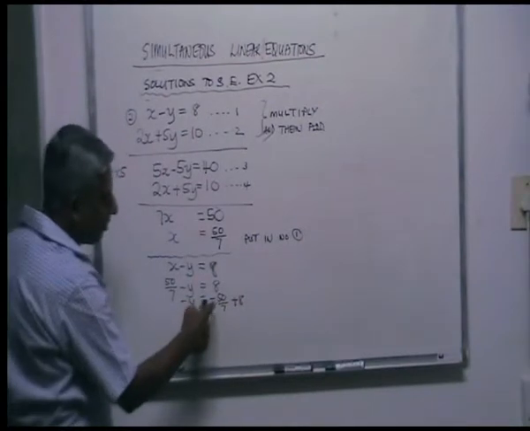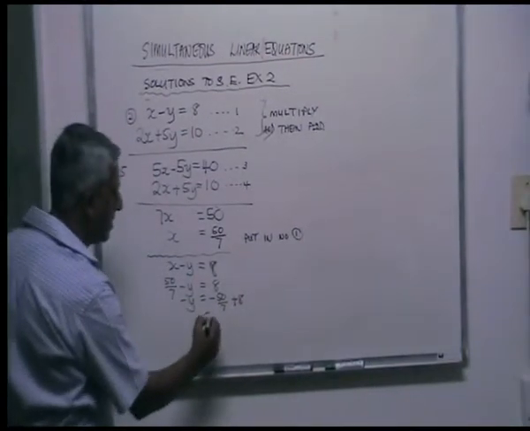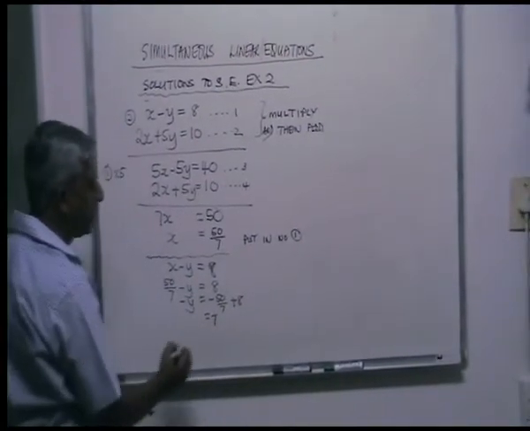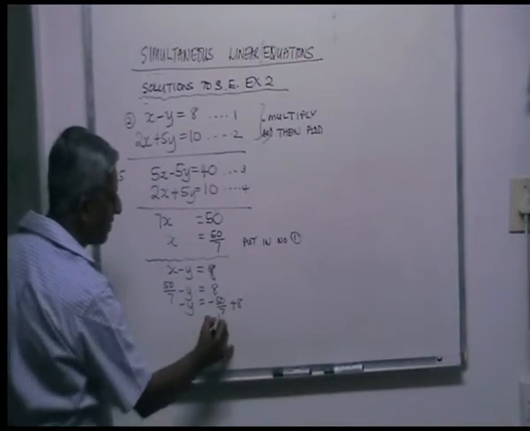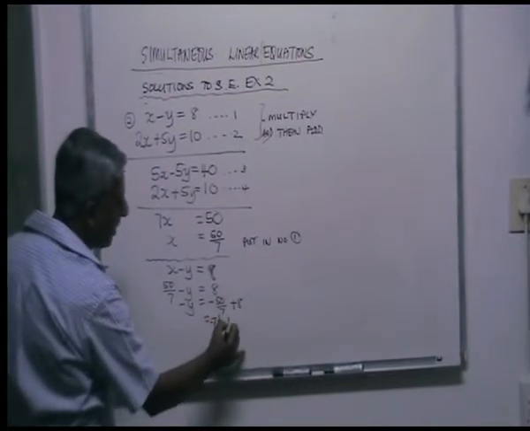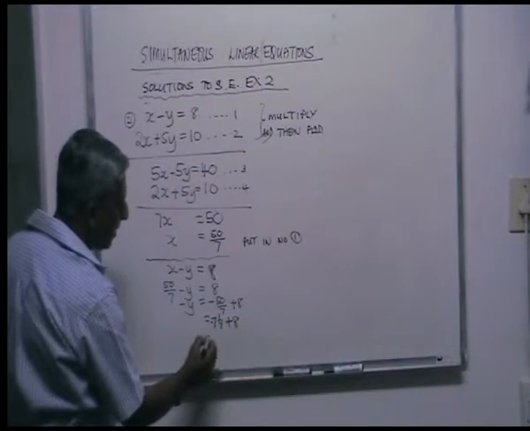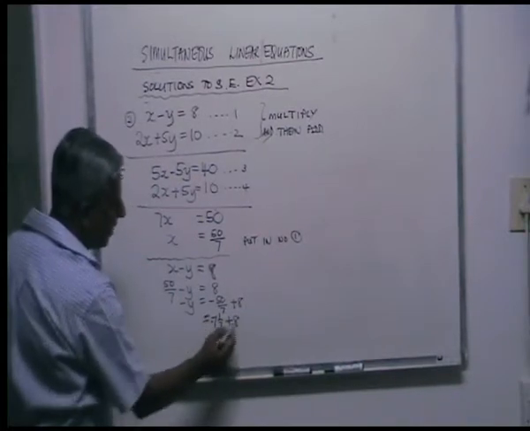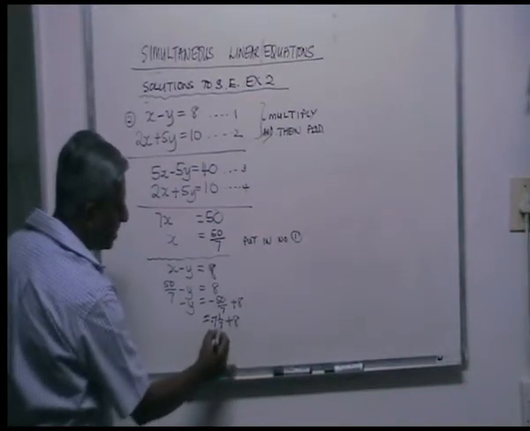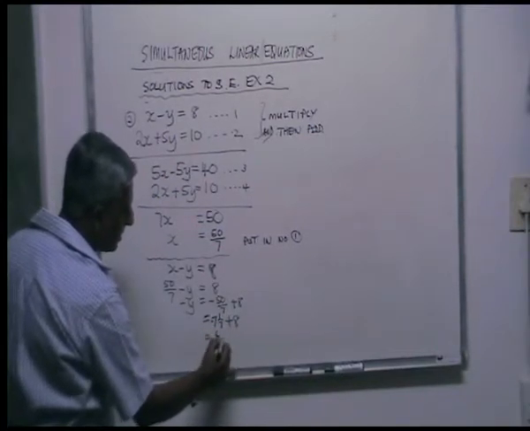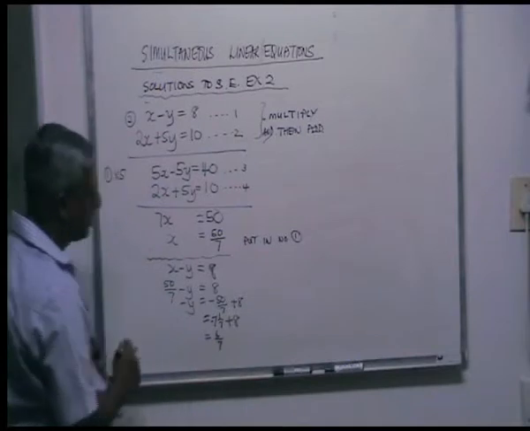Now, minus 50 over 7, 7 divides into 50 7 times. 7 7s is 49. So it's minus 7 and 1 seventh, plus 8. If you subtract this, your answer is 8 minus 7 and 1 seventh. The final answer is 6 over 7.